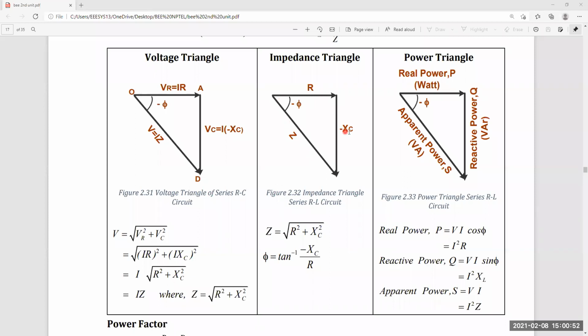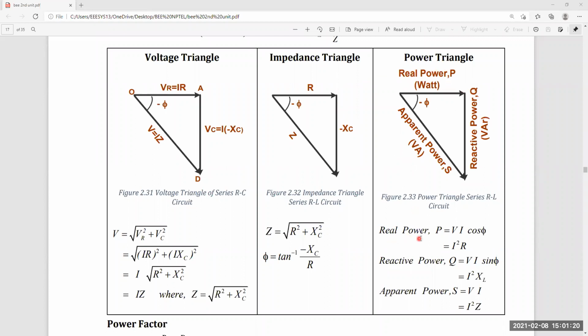Sin phi is equal to minus X by Z. Then the power triangle: real power, reactive power, apparent power. These are the different powers for the series RC circuit. These are very, very important. You will definitely get a 2 marks question from the impedance triangle and power triangle, and the admittance triangle also.